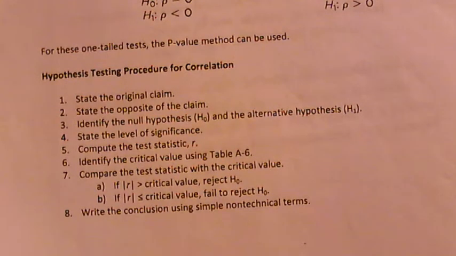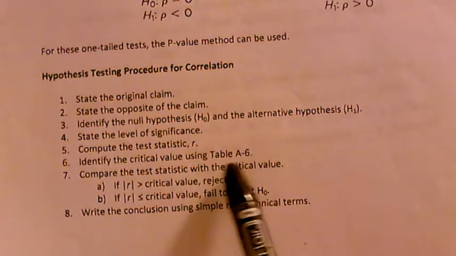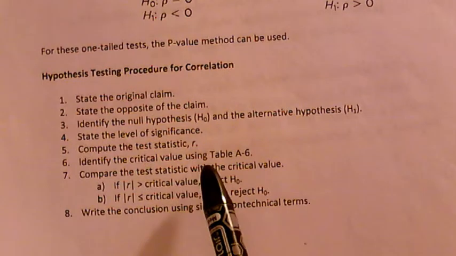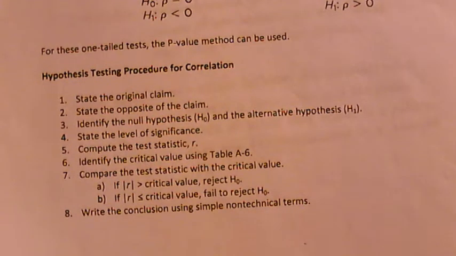Step 5, compute the test statistic, which is r, which can be done using the calculator. Step number 6 is identify the critical value using Table A-6. Now, you might have to identify the p-value as well. So step number 6 can have either the critical value or the p-value.